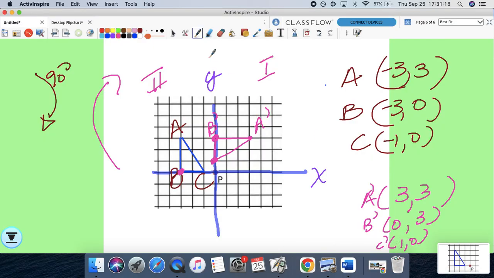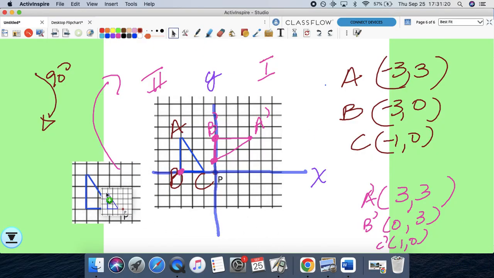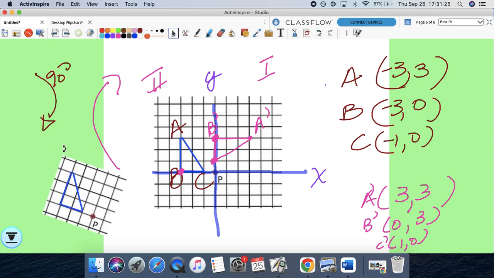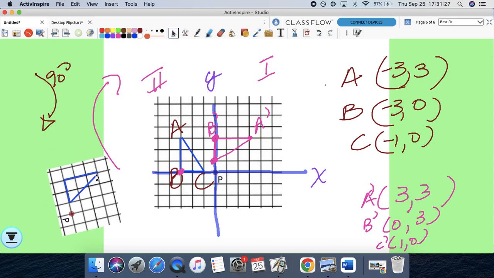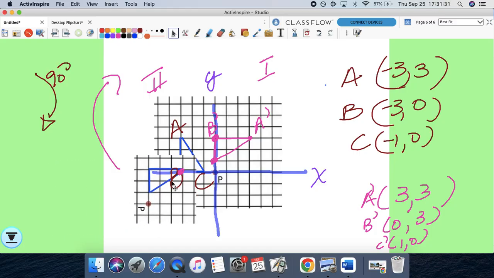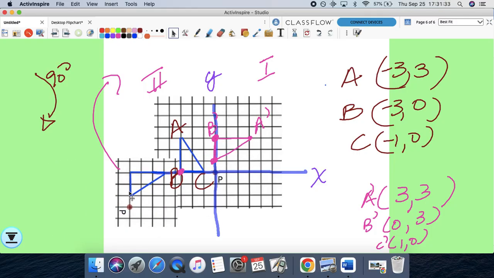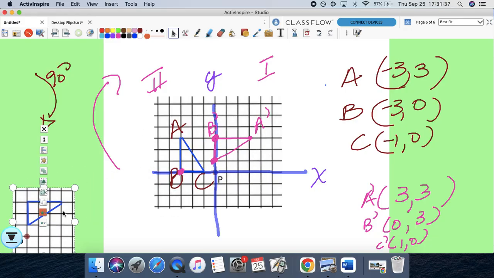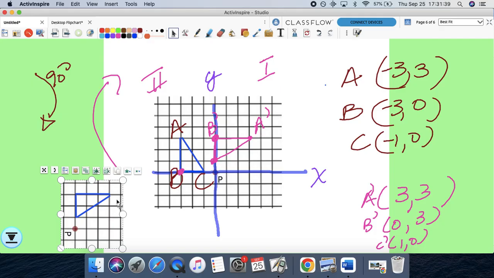If you just literally took your paper and rotated 90 degrees, look, there. Isn't that this triangle? Oh, same exact. Right? We just did a little practice with points.